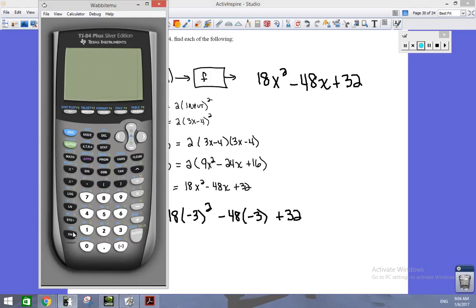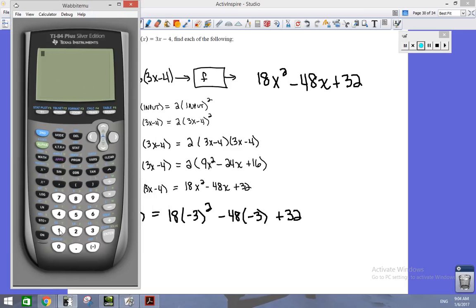All right. Now, we've got 18 and -3 squared, minus 48, and plus 32. 338. Now I hope that was the answer that I had in part A. Otherwise we've done something wrong somewhere.